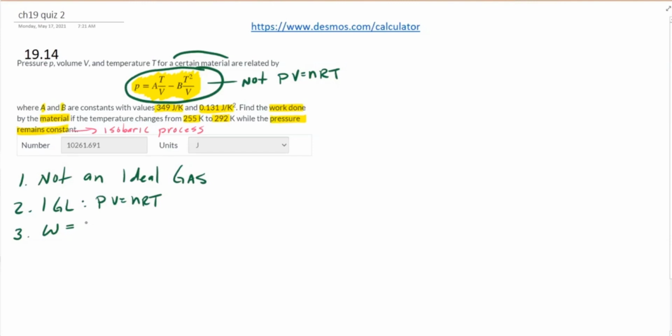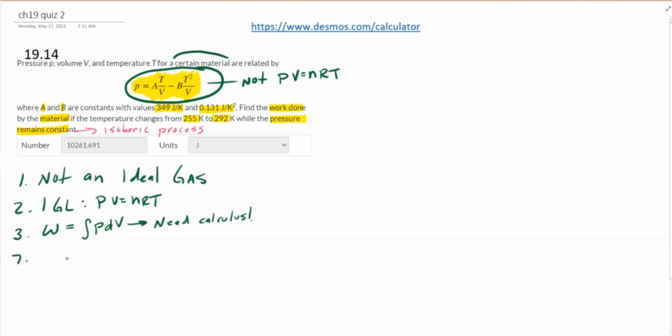So the work done by a gas is the integral of PdV. And yes, it equals the area under a curve, but I don't have any kind of graphical information here. So you know what I'm going to do? I'm going to take a calculus approach. Need calculus because I don't have an alternative. I'm not given a graph like I was in the last problem.